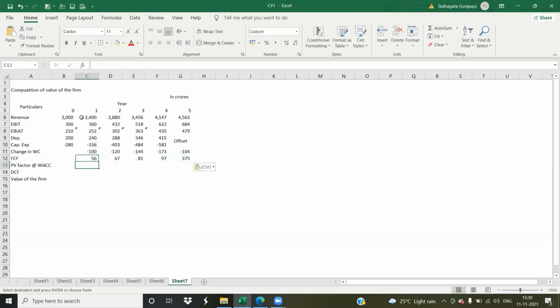Now we do not know the discount rate, WACC, right? We do not know the weighted average cost of capital. So here in a working note, we'll find out WACC.